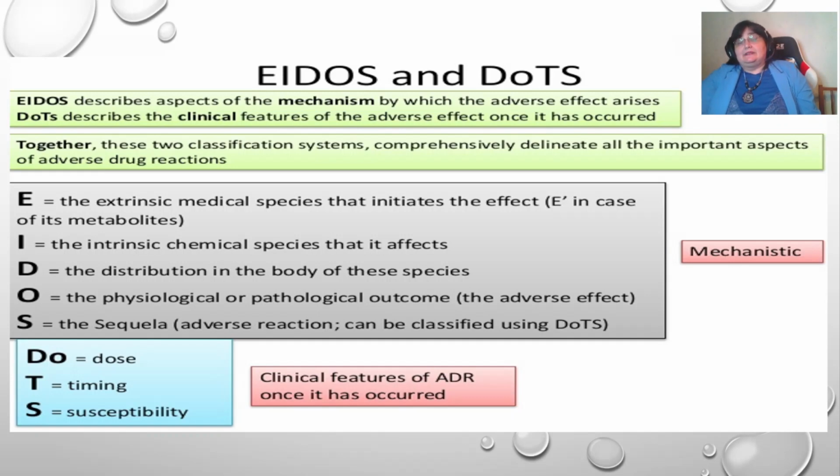Adverse reaction can be classified using EIDOS. This classification can be considered as mechanistic.